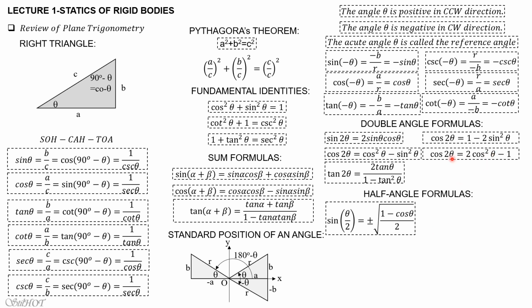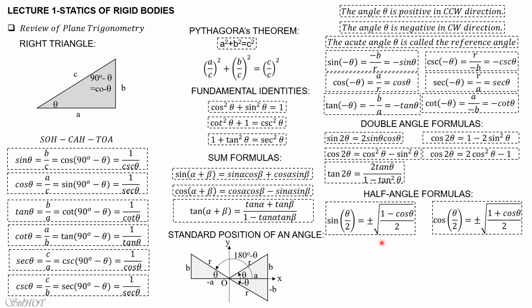Likewise, for this equation here, if we replace theta by theta over 2, and this becomes cosine of theta, then 1 plus cosine theta is equal to 2 cosine square of theta over 2. So solving for cosine theta over 2, it is equal to plus minus square root of 1 plus cosine theta over 2.